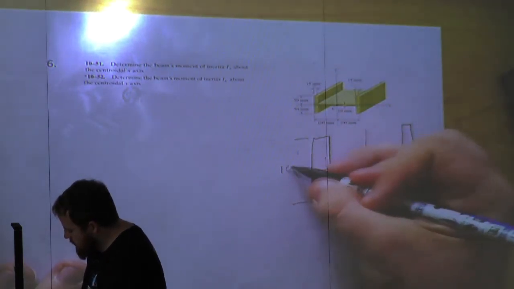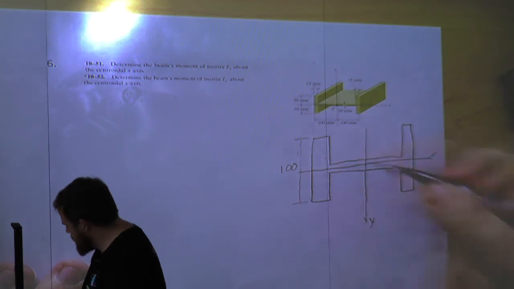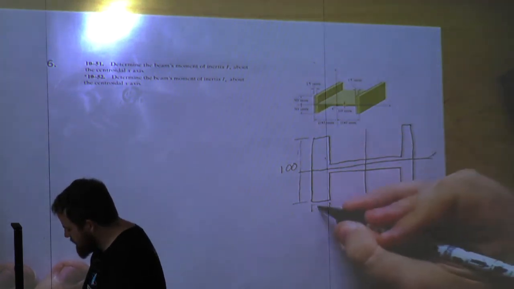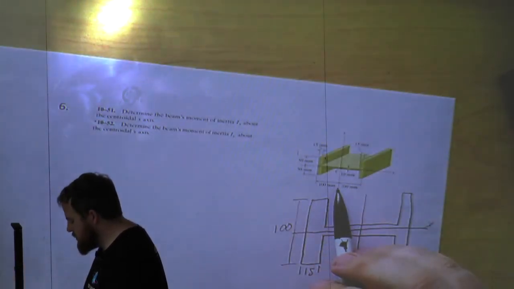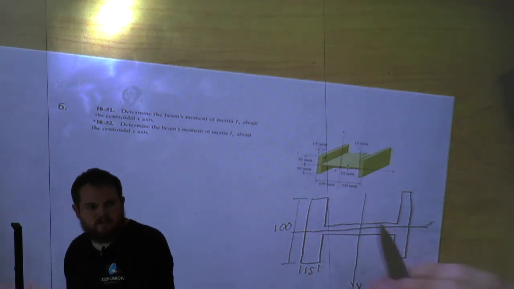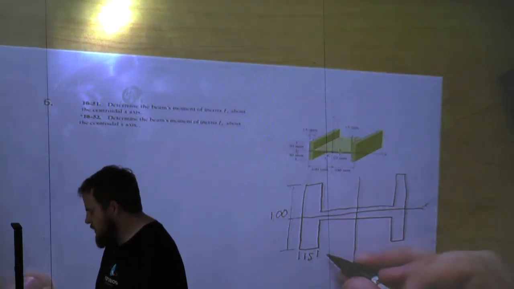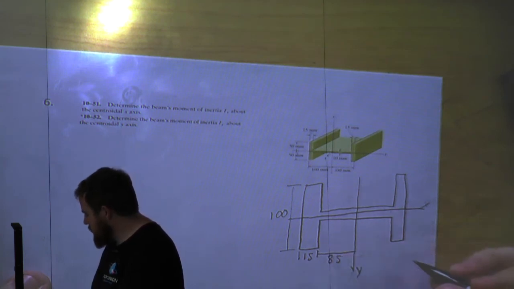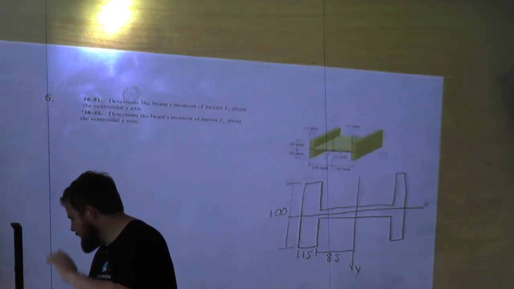I'm just going to write the scale of everything. So this is 100 from here to here. Here to here is 15. So they give us the base is 100, but they give us the length of each of these individual ones is 15. So that's going to make this 85. Right? Or, yeah, 85.